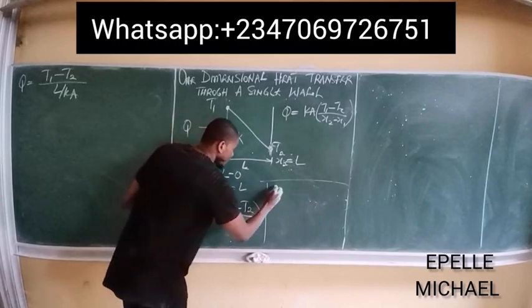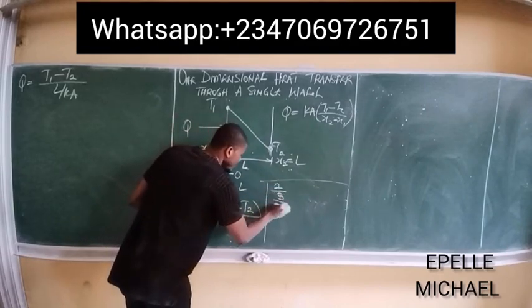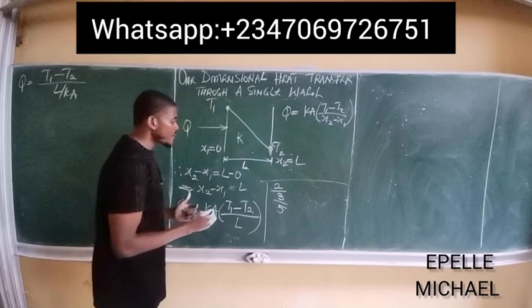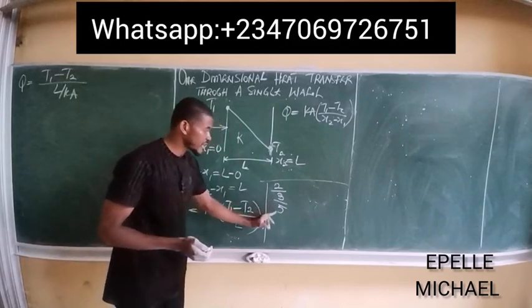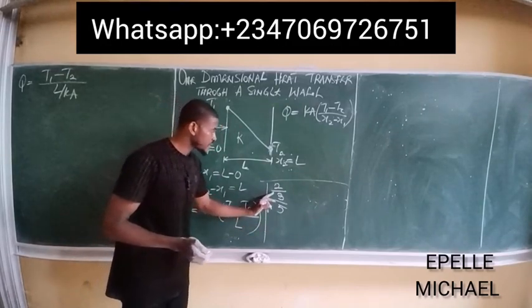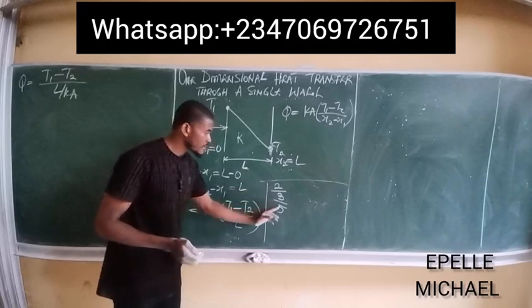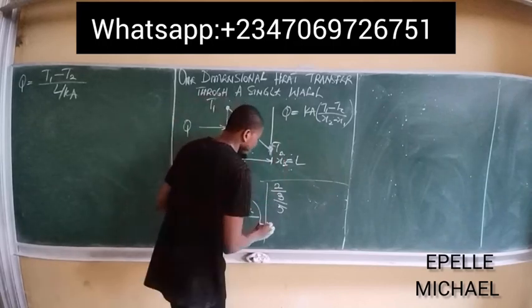What now happens if I have 2 all over 3 all over 5? I'm having 2 dividing 3 divided by 5, which can also be written as 2 all over 1.